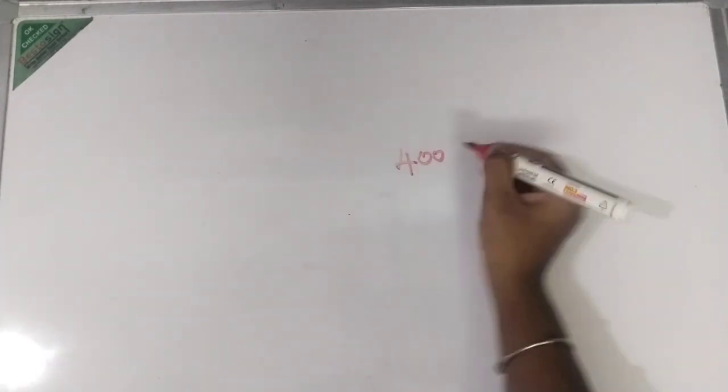The question is: the 400 megahertz proton NMR spectrum of an organic compound exhibited a doublet. So 400 megahertz is the operating frequency of the instrument, right? Once again, I am repeating the question.